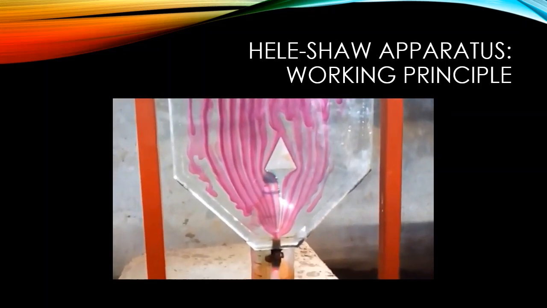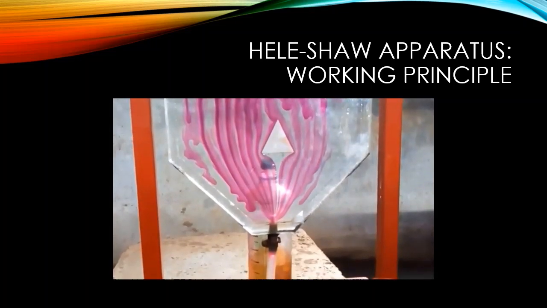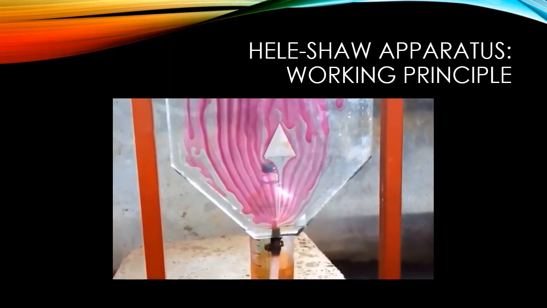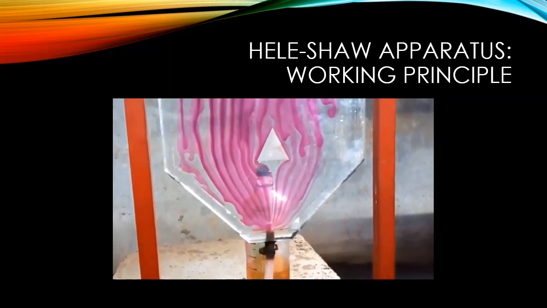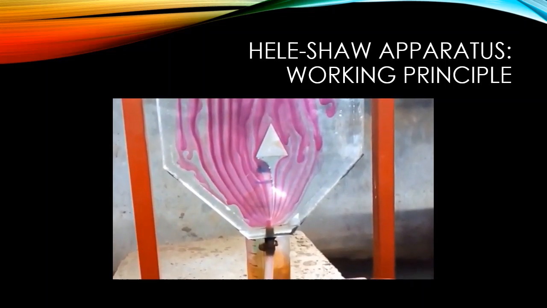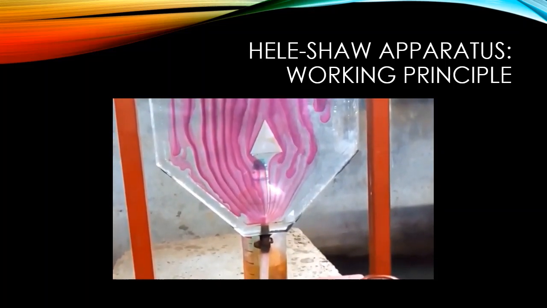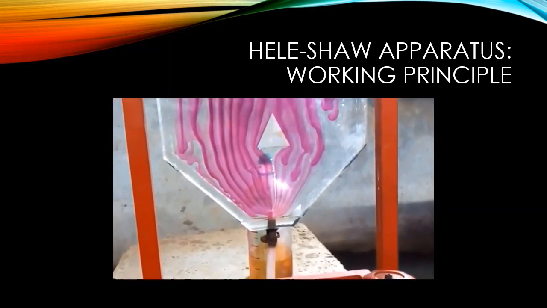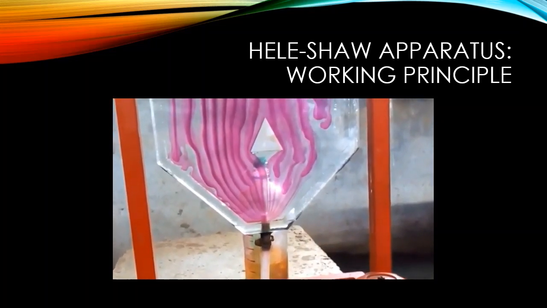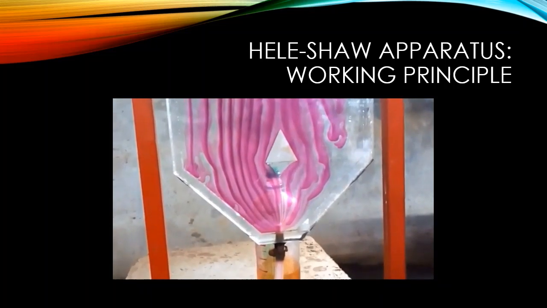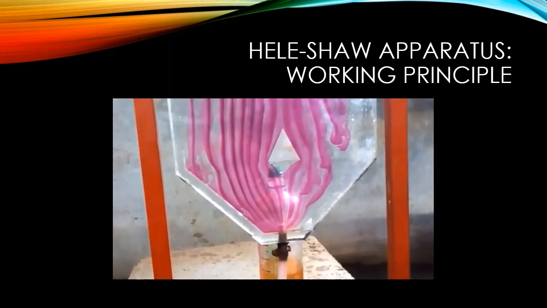This kind of apparatus is called the Hele-Shaw apparatus, where the fluid comes from one end to the other end and drains into a single pipe, and in this pipe we are going to measure the mass flow rate. By knowing the mass flow rate coming out of the pipe, we are going to measure the velocity of the flow inside the medium.